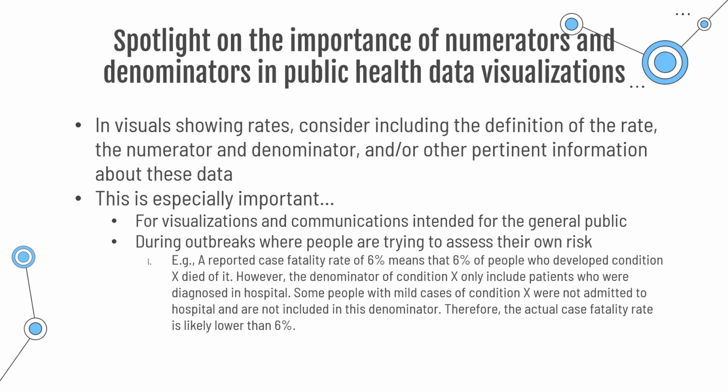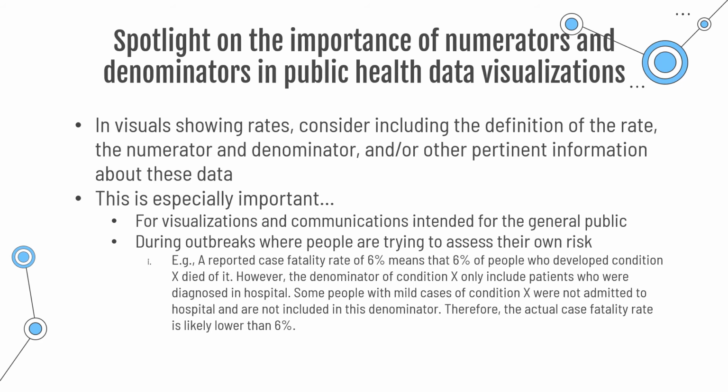For example, a reported case fatality rate of 6% means that 6% of people who developed condition X died of it. However, the denominator of condition X only includes patients who were diagnosed with the condition in a hospital setting. And some people with mild cases of condition X were not admitted to the hospital and therefore are not included in this denominator.